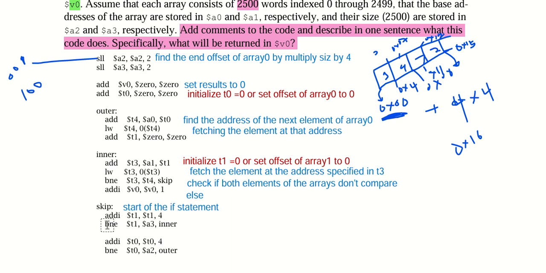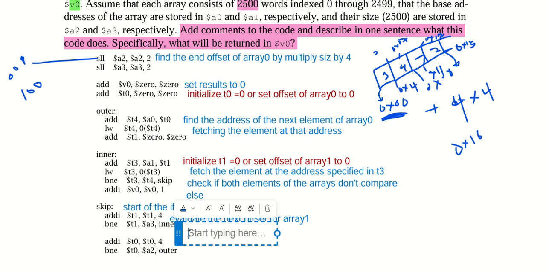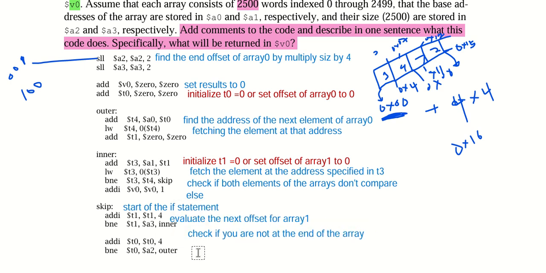So you realize that the next part is that if they are not equal, then you evaluate the next offset for array 1, that's the inner array. Then you check if you are not at the end of the array, right?